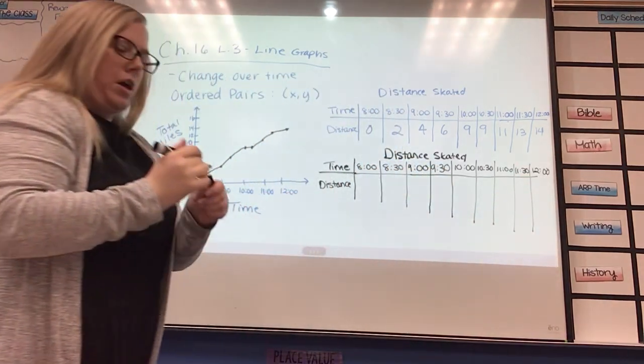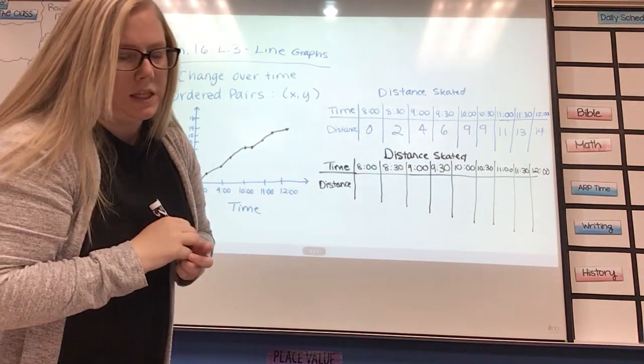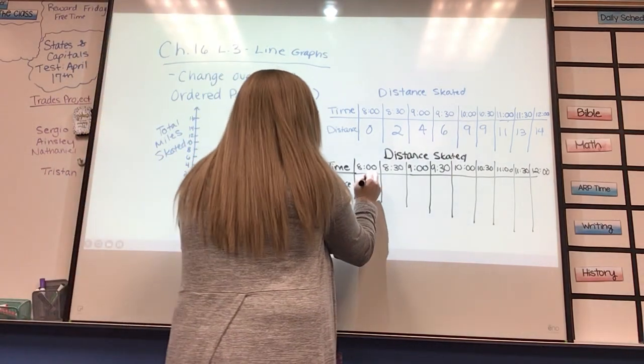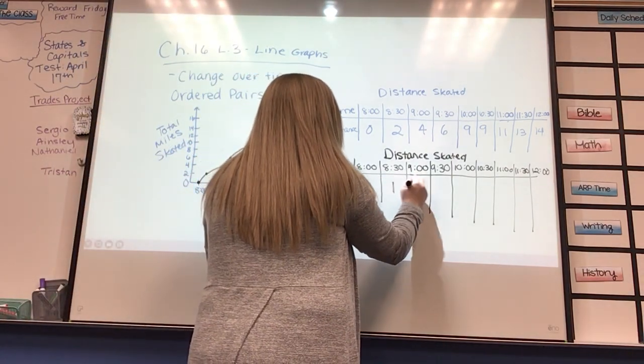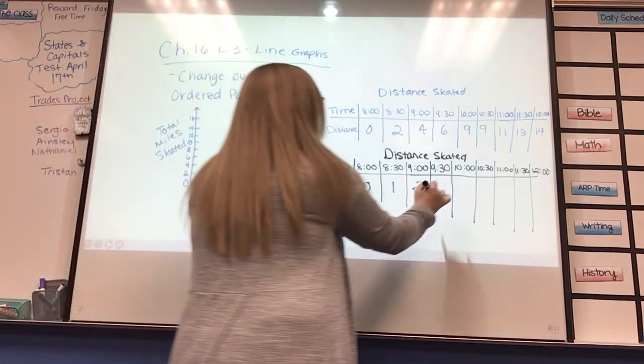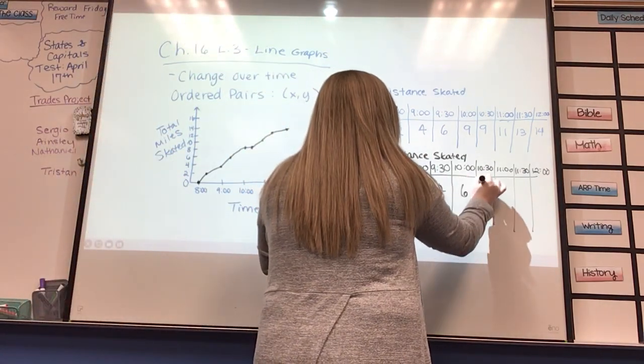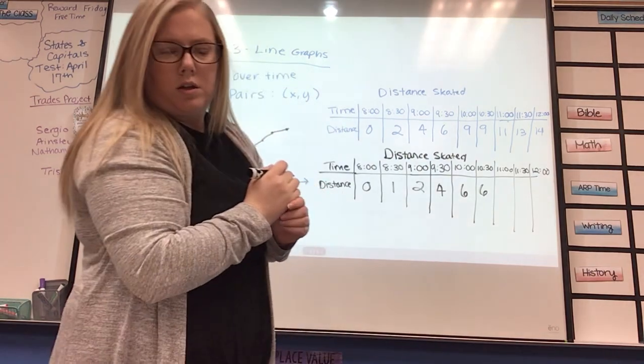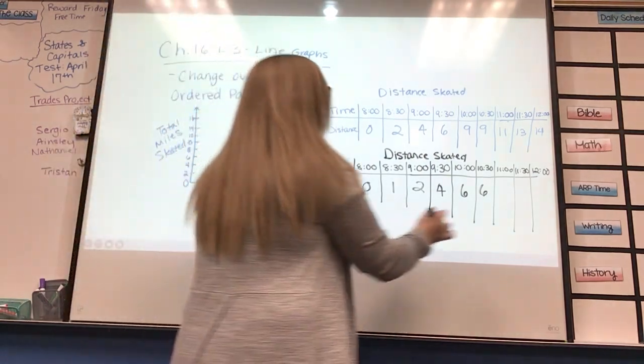Okay? And then I can fill in with the information that they give me. This is 0, 1, 2, 4, 6, 6, 10, 12, and 13.